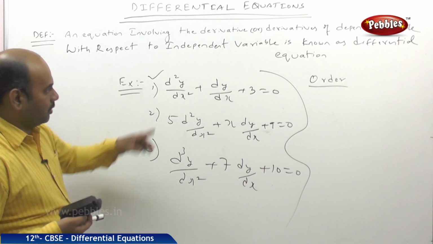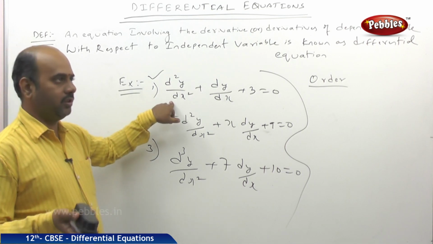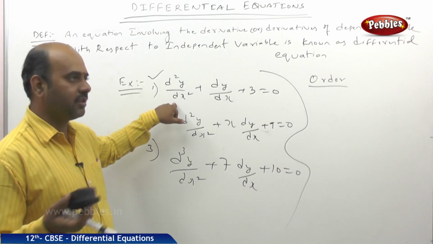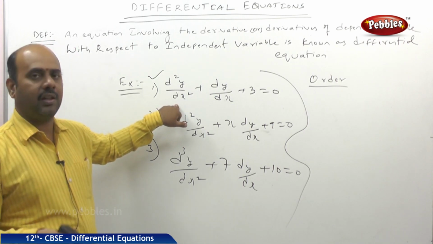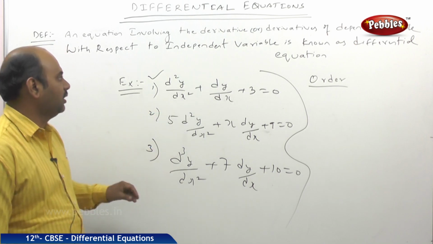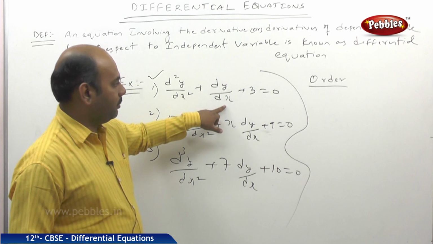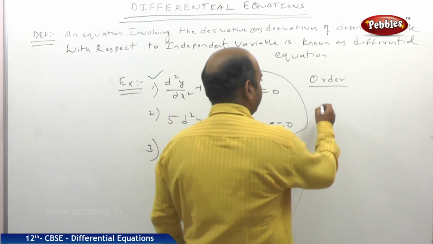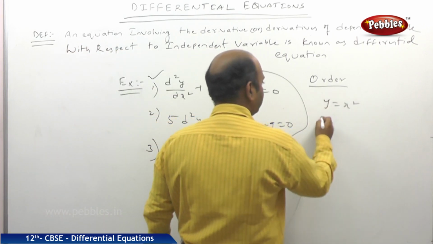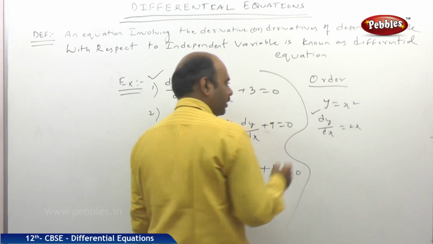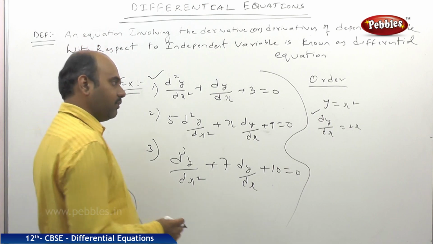The order of a differential equation is determined by the highest derivative occurring. If you observe carefully, if I take the function y equal to x square, then dy by dx is 2x. So this you can call a differential equation of order 1.